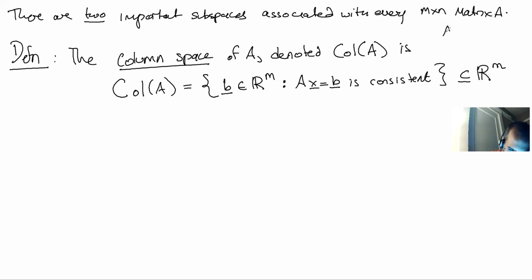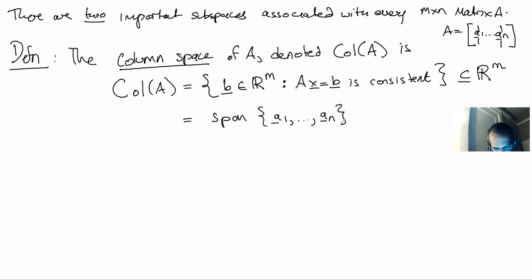If A has columns, let's call them a1 through an, then this is just the span of the columns of A. Ax equals b is consistent exactly when b is in the span of the columns of A. So this is the same thing. That's why it's a subspace: we just proved that the span of any set of vectors is a subspace. So this is a subspace.